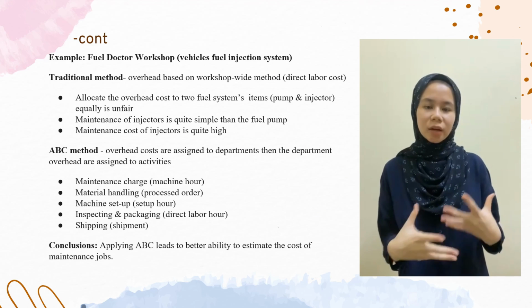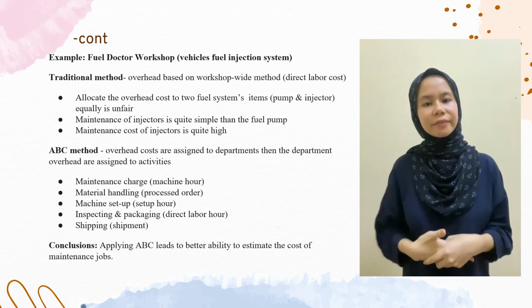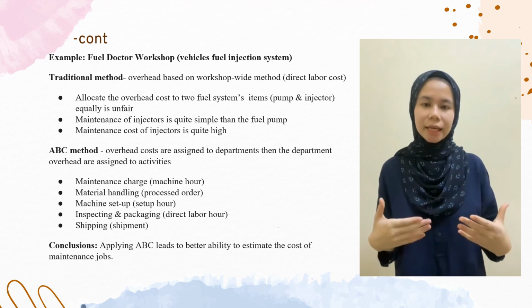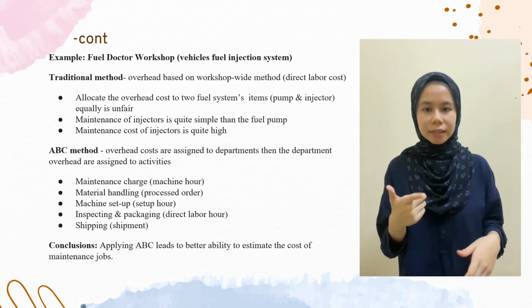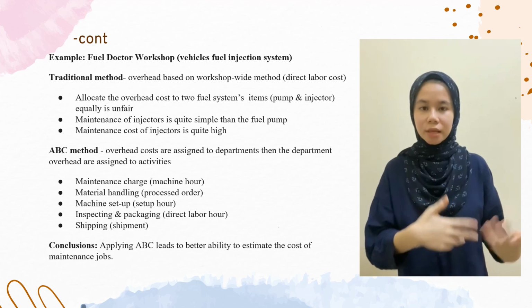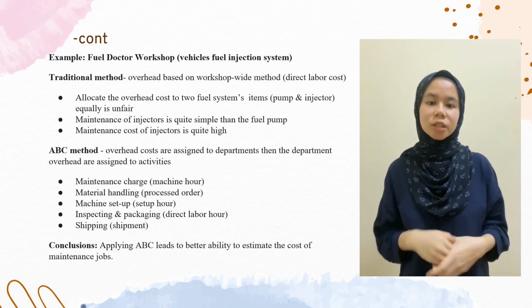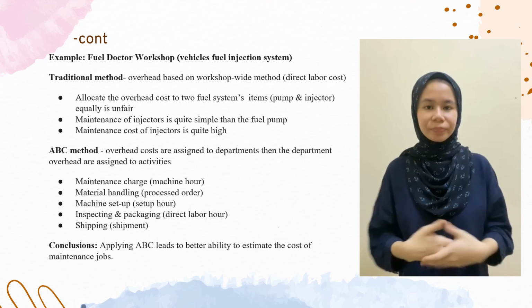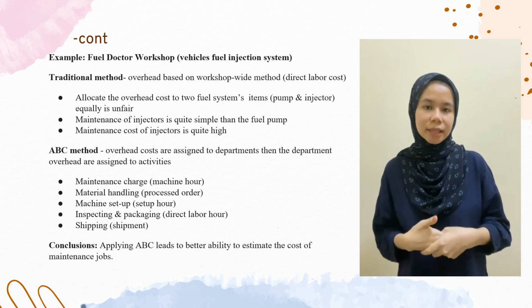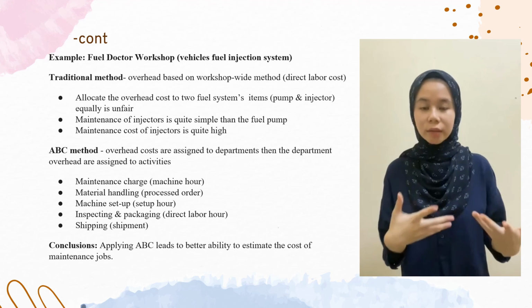Let us look at the cost allocation example. Consider Field Doctor Workshop, which specializes in vehicles' fuel injection systems. It maintains, tests, and adjusts fuel systems. Field Doctor Workshop maintains two subsystems, that is, the fuel pump and individual injectors. Overhead allocation using the traditional method uses a single workshop-wide allocation base.